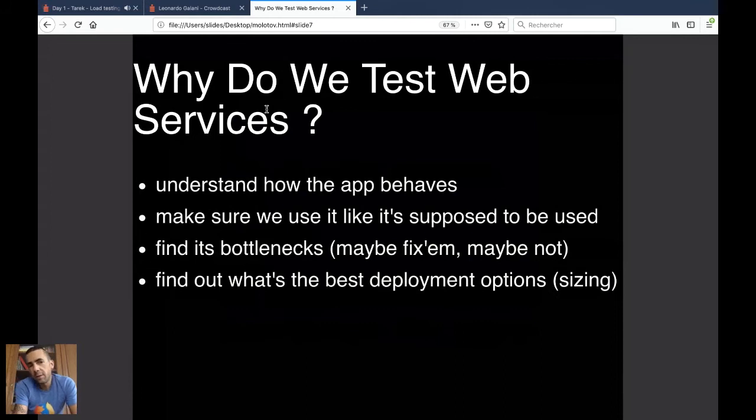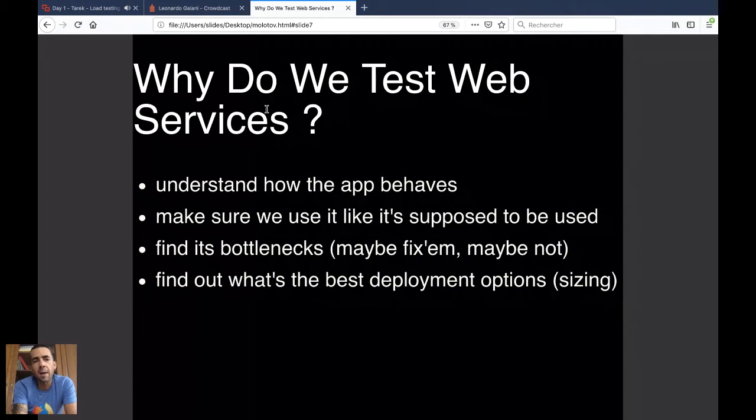So why do we test web services? So the main reason we're doing some testing, and I'm pretty sure everyone here has the same reason, not only for load testing, is that when you do some testing, that's when you really understand how the application behaves, because there is always a gap between what the developer thinks the application does and what it really does in real life.